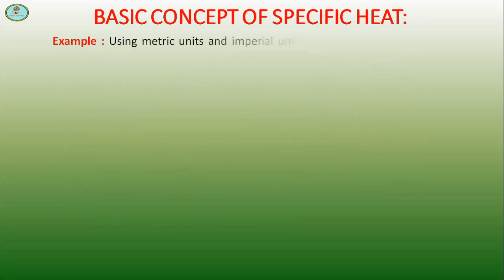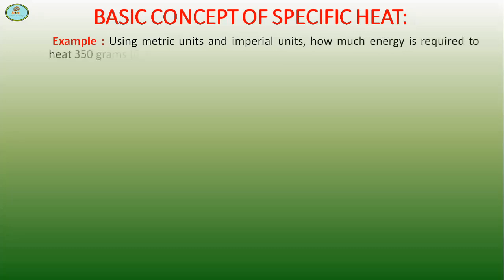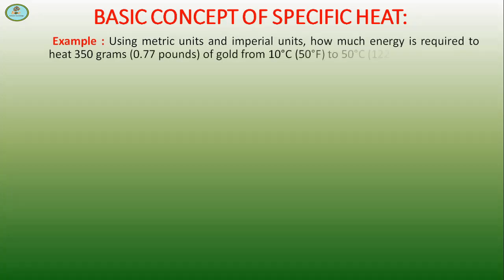Example: using metric units and imperial units, how much energy is required to heat 350 grams, 0.77 pounds of gold from 10 degrees Celsius to 50 degrees Celsius.